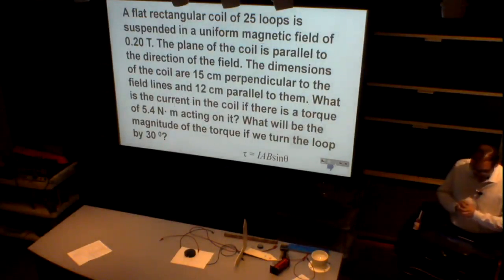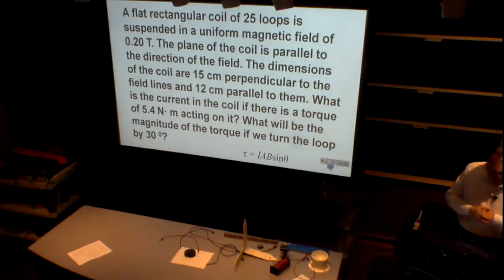And, well, let's solve a problem. It's a flat rectangular coil with 25 loops in a uniform magnetic field, and initially the plane of the coil, which means the plane of each loop, is parallel to the direction of the field.